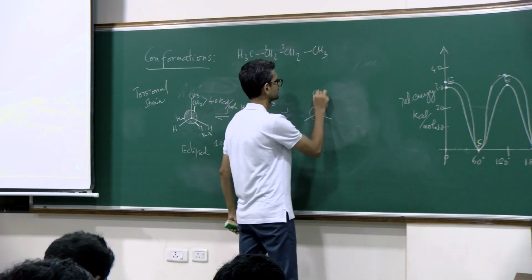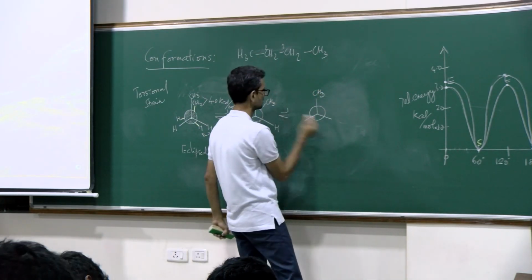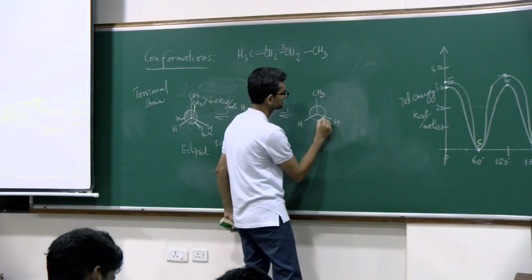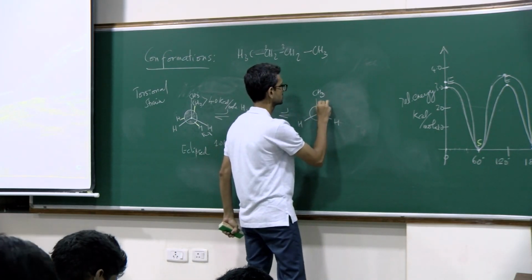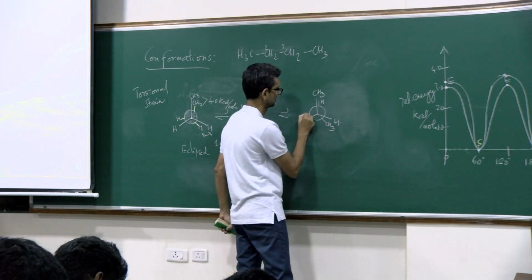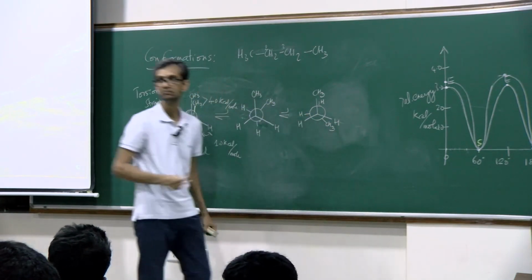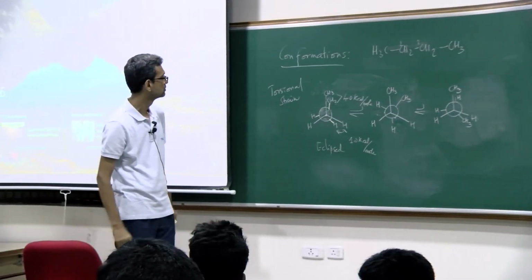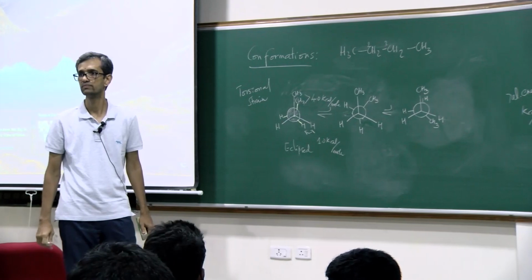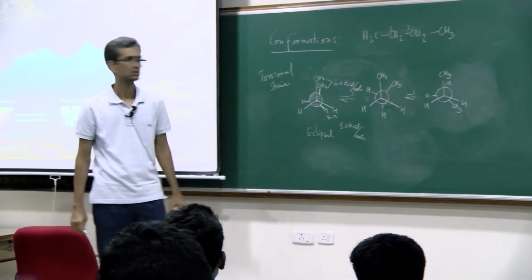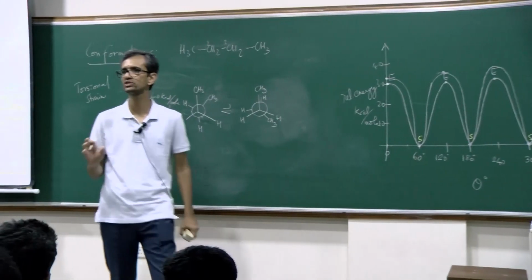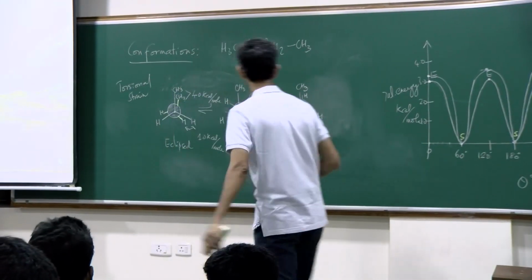So methyl, H H, methyl comes here, hydrogen comes here. The second one is the standard configuration for this, because the angle will be more than 60 degrees, right? Okay. This is kind of skewed. They call this a skewed conformation. Okay.